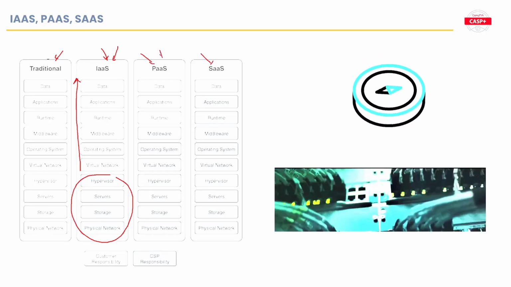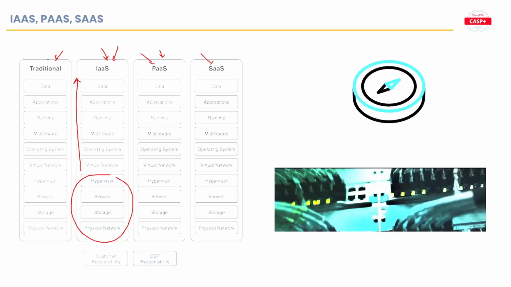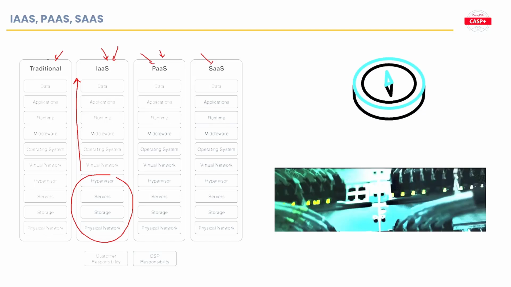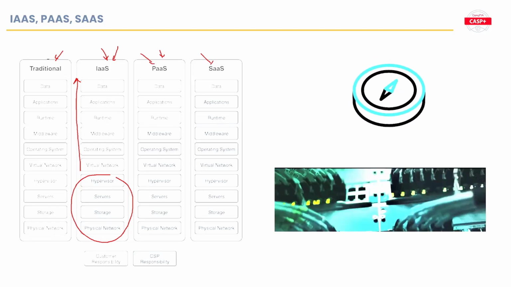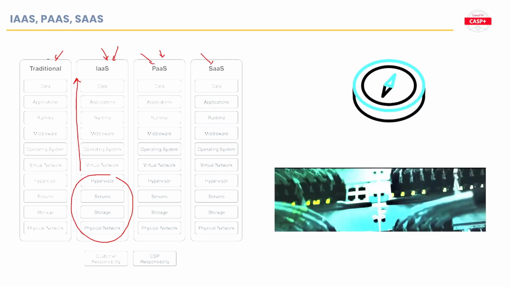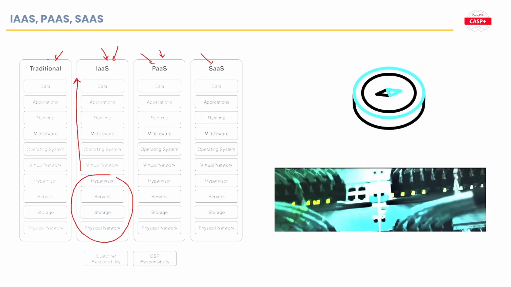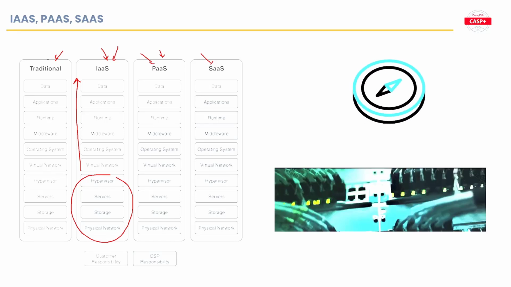Now, let's move on to the next one, which is PaaS, Platform as a Service. Here, no software must be downloaded or installed in order to use the platform as a service. PaaS systems are often cloud-based development platforms, so developers don't have to worry about servers when using them.